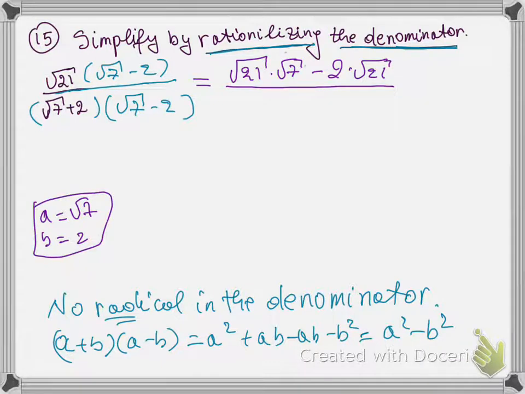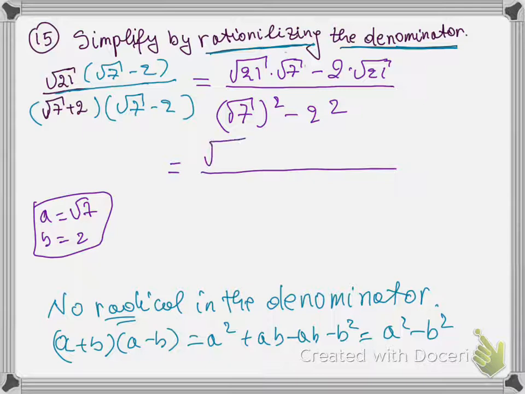So the answer will be a squared, which is square root of 7 squared, minus 2 squared. Square root of 21 times square root of 7 is square root of 21 times 7, minus 2 times square root of 21. Square root of 7 squared is 7, minus 2 squared is 4.